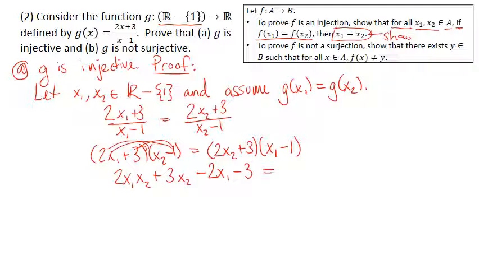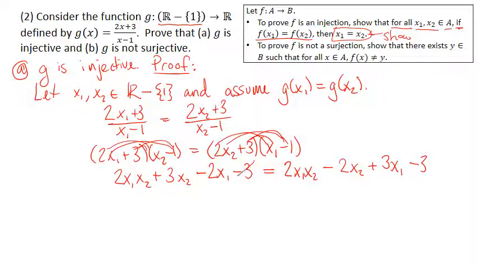On the other side I get a very similar result: 2x1x2, then -2x2, then 3x1, and then -3. For some reason I'm foiling in a different order this time.